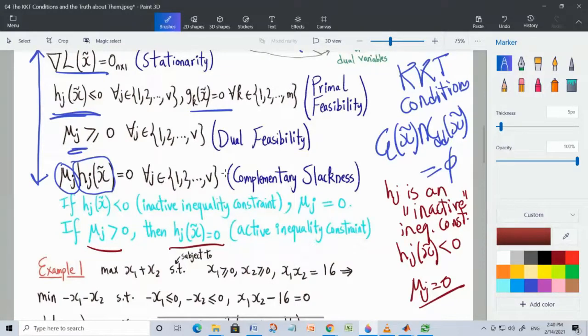And in the other case, μ is strictly positive, which means that we are talking about an inequality constraint that is active, which means that it is satisfied with strict equality, which means that it is 0. In both cases, the product is 0. And so this is very useful. Again, complementary slackness can tell you exactly how your solution to a constrained optimization problem should proceed.